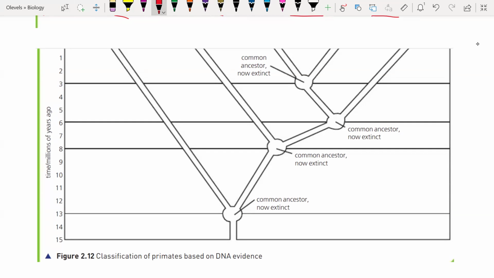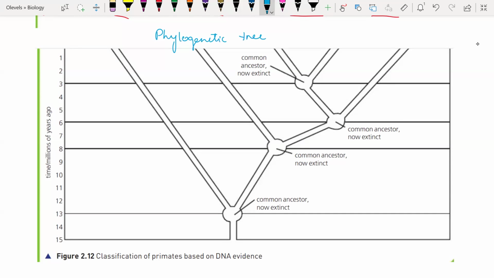On the x-axis, we have this tree. Actually, it's a phylogenetic tree. Is it about the one on the bottom being the common ancestor to everybody? Yes.